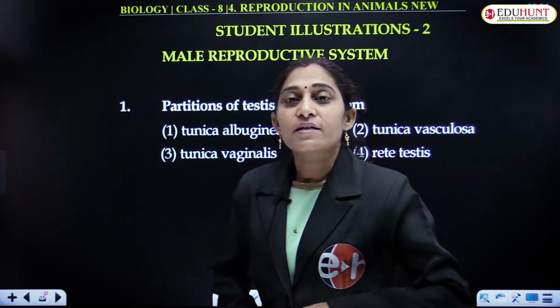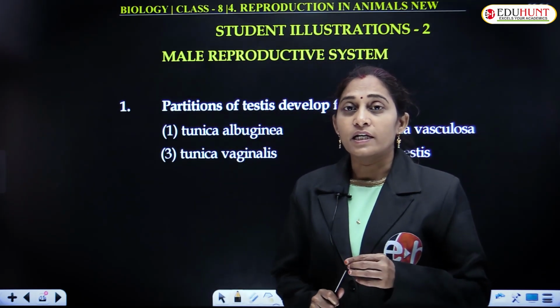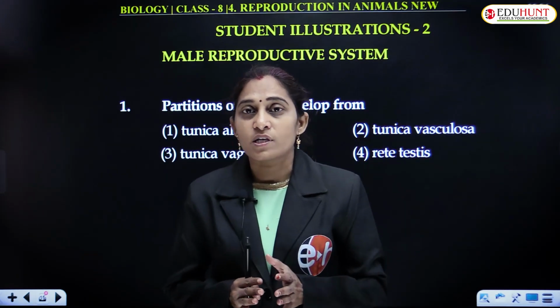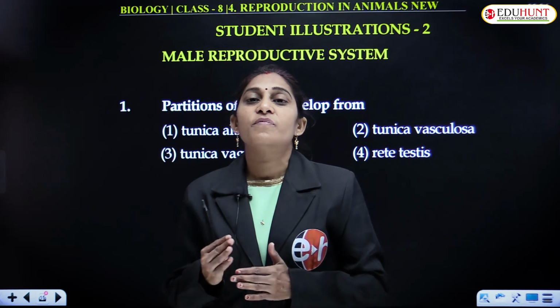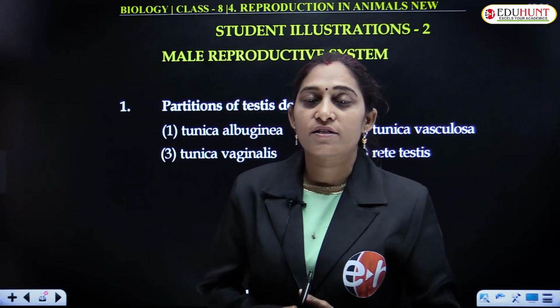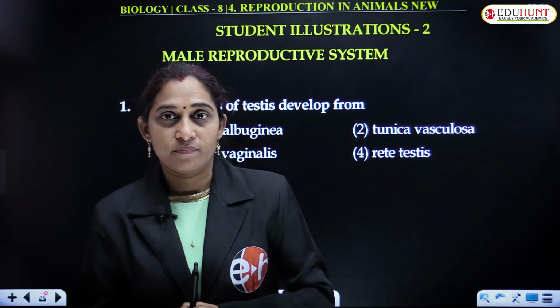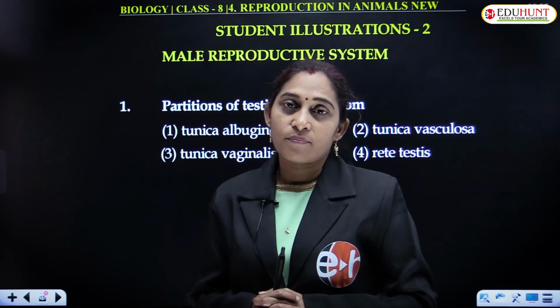The primary sex organs are directly related to the release of sex cells, those are gametes, which participate in the fusion, that is fertilization and formation of a zygote. These are the primary sex organs.